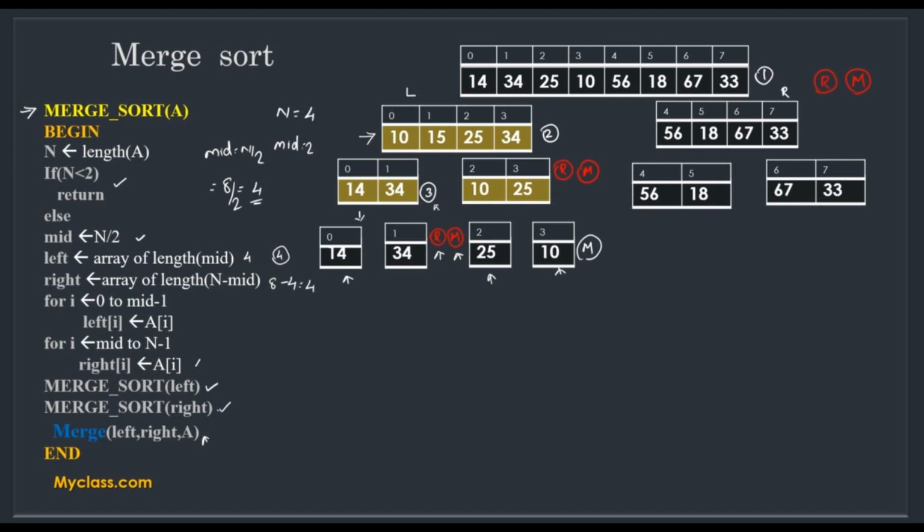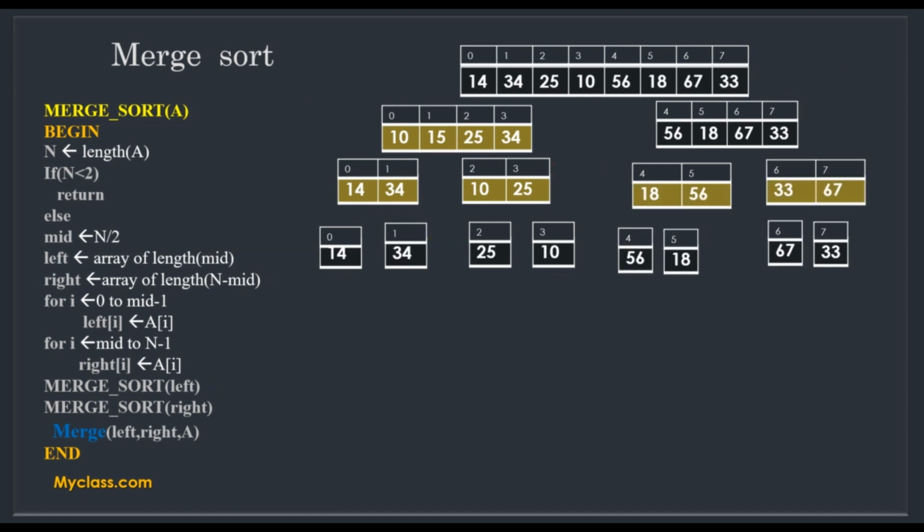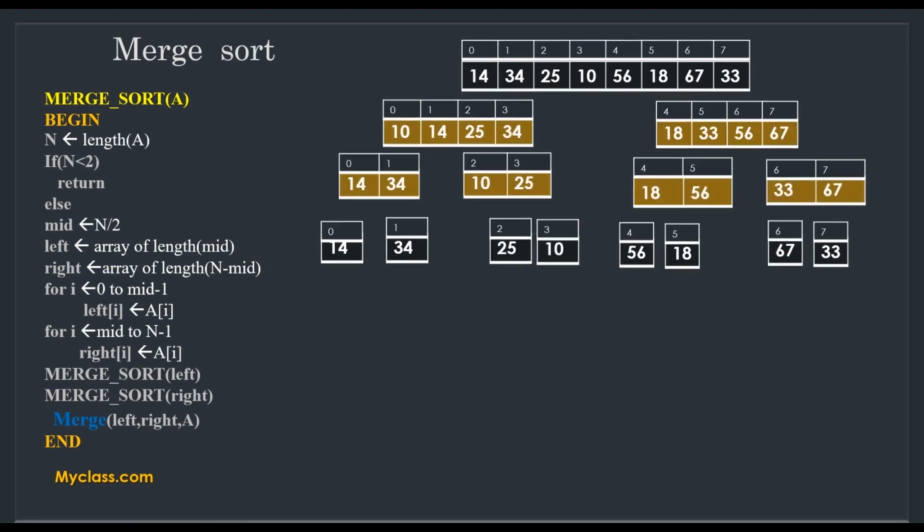Now we are doing like this first, and now this one, and after that we will get these 2 sorted arrays, and then this array should be in a sorted order. So this is the first calling of our merge sort. This left is also in a sorted order and this right is also in a sorted order.